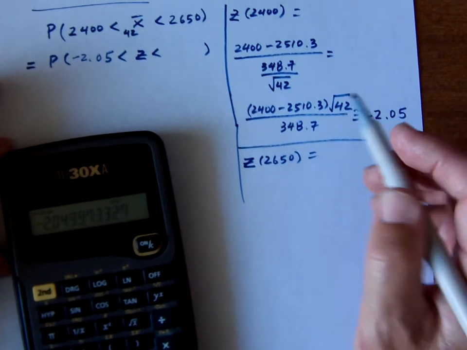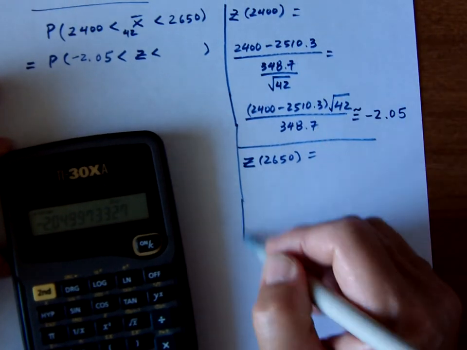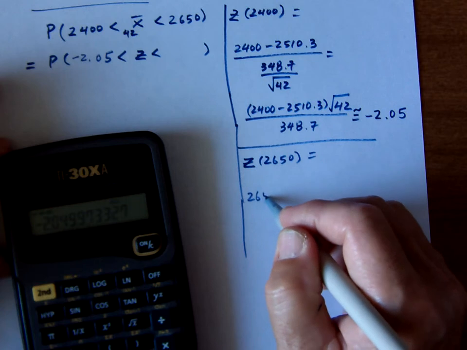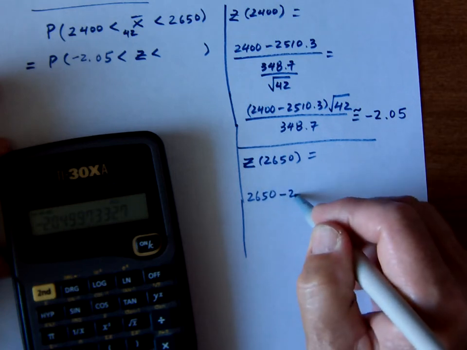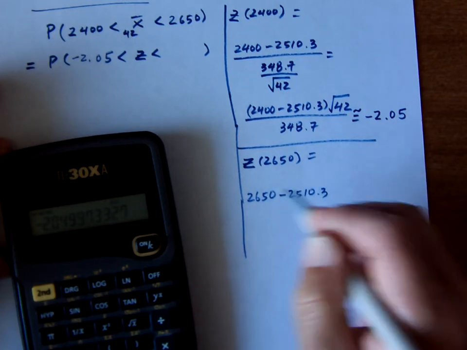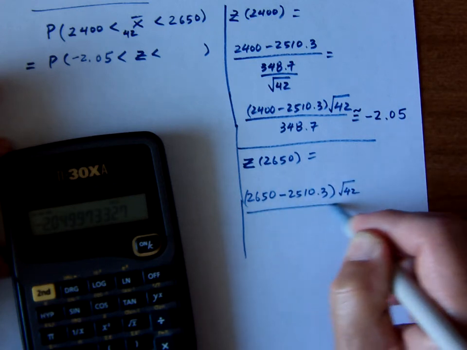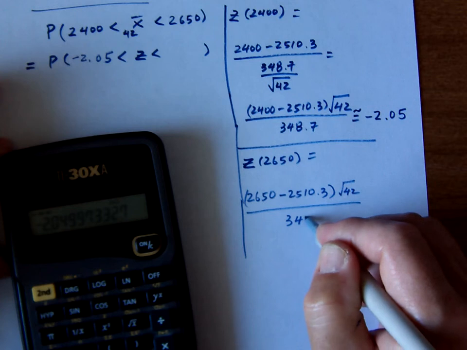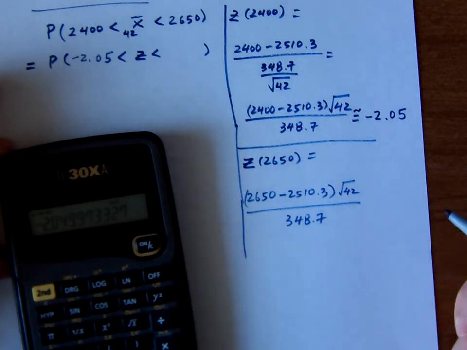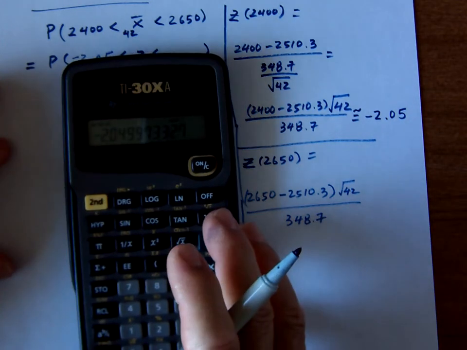Very similar to this, that should be 2650 minus 2510.3, whole thing multiplied by the square root of 42, divided by my standard deviation. All right, let's do that in the calculator.